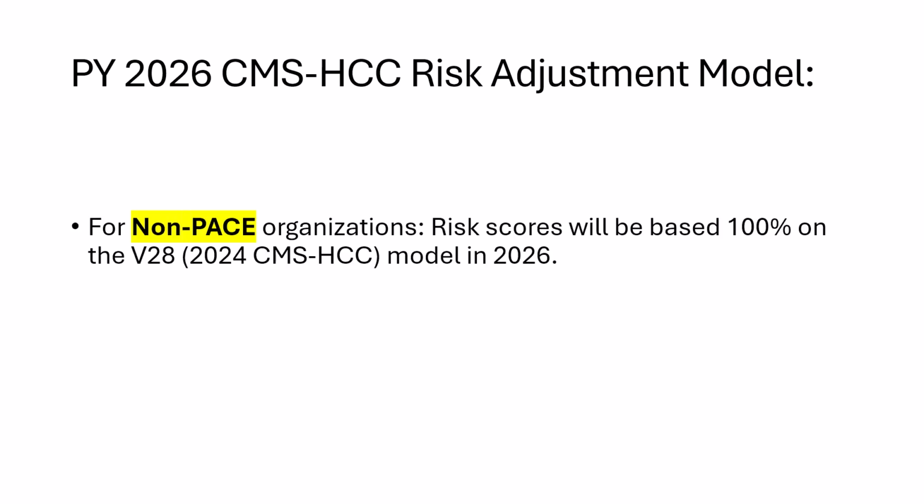For non-PACE organizations, CMS is completing the phase-in of the 2024 CMS-HCC model as proposed in the Payment Year 2026 Advance Notice by using 100% of the risk score calculated using the 2024 CMS-HCC Risk Adjustment Model, version 28.